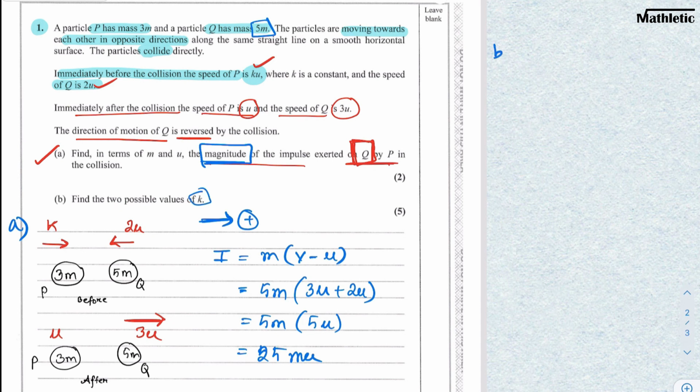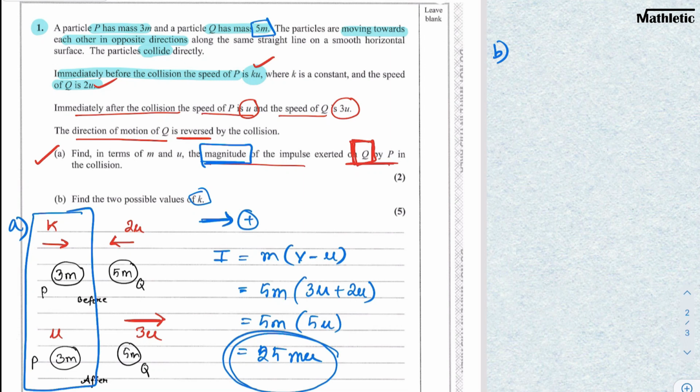For part B, I will work with the particle P. Impulse is actually equal and opposite. So the value of impulse exerted by Q on P is also 25mu. To solve part B, I will find the impulse exerted on particle P. But we do not know the direction of particle P after the collision.